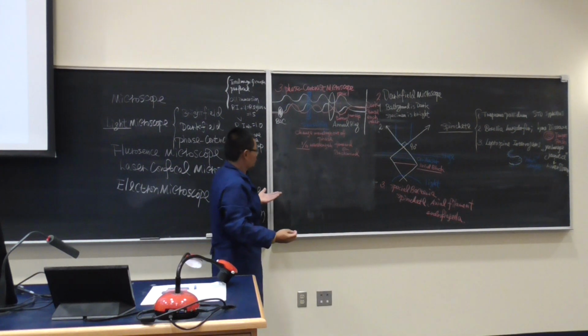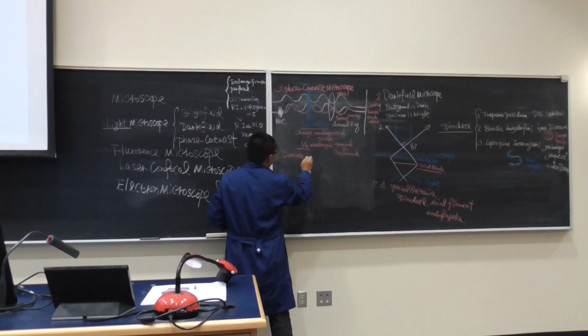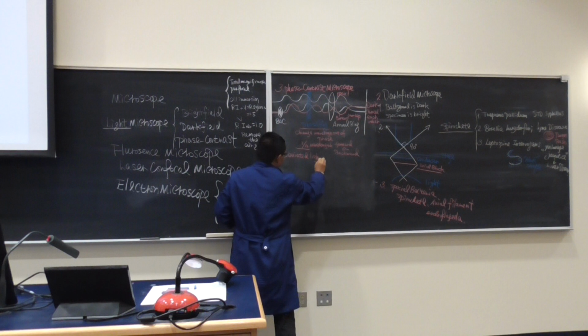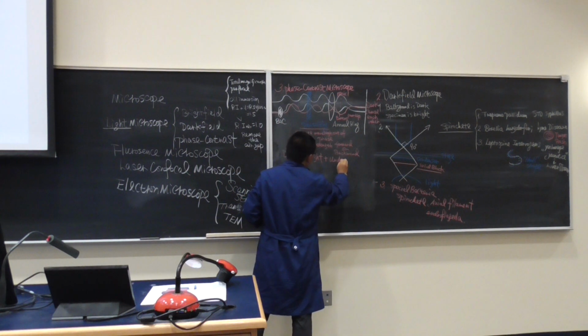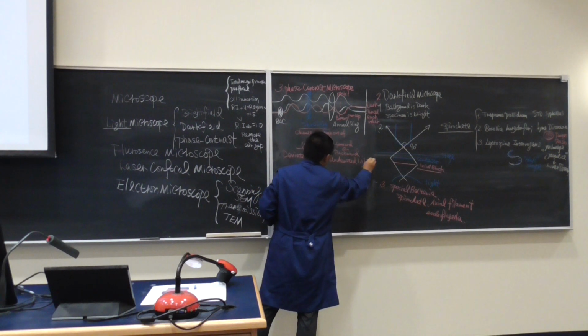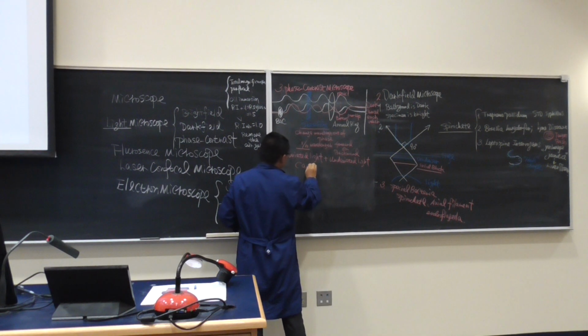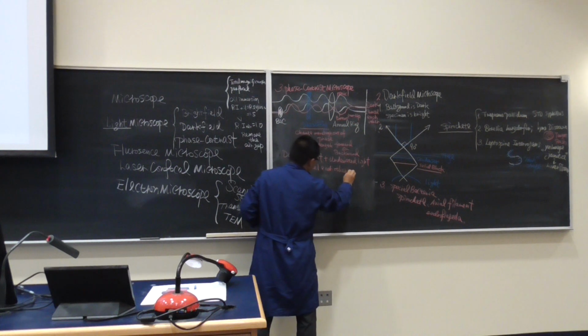So, that means the deviated light and undeviated light cancel each other, then become dark.